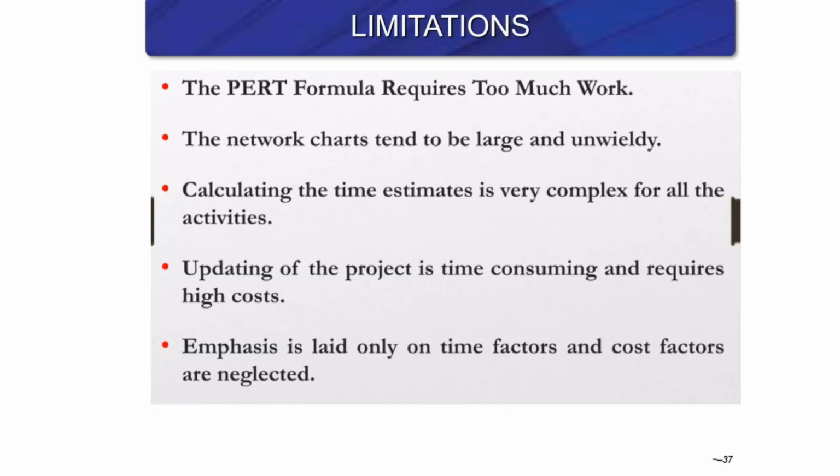But PERT has limitations. For example, it can become so complex. In this one you only see 3 paths, but real big projects can be highly complex. The network charts can be very large and very extensive. When you're calculating the time, it becomes very complex. Even in this video, there are 2 numbers on top, 2 numbers on the bottom in each box.